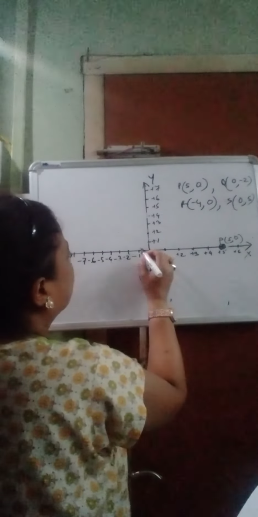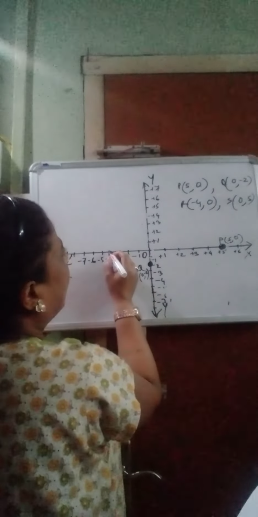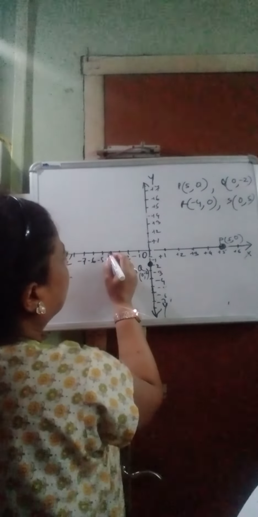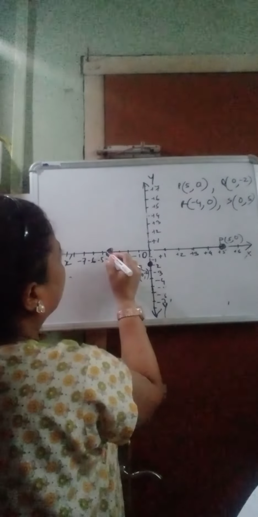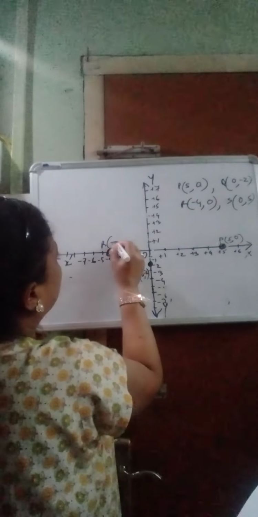Then in the case of R, it will be (-4, 0). The x is minus 4, so we come to the left-hand side of 0. Count 1, 2, 3, 4, and y is 0. So this is the point R (-4, 0). Then S (0, 5).